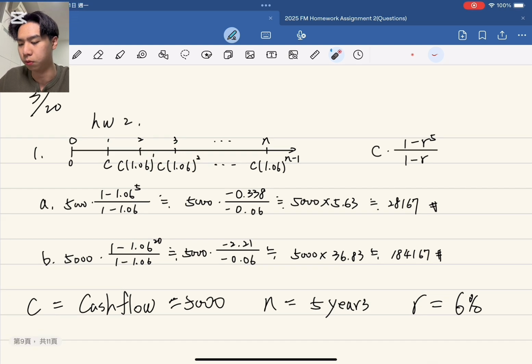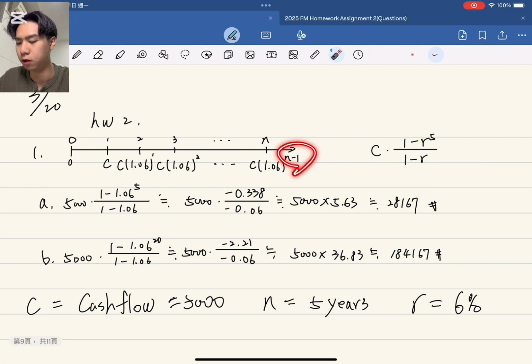So the exponent will become the years minus 1. So in year n, our first cash flow will become C multiplied by 1.06 raised to the power of n minus 1.